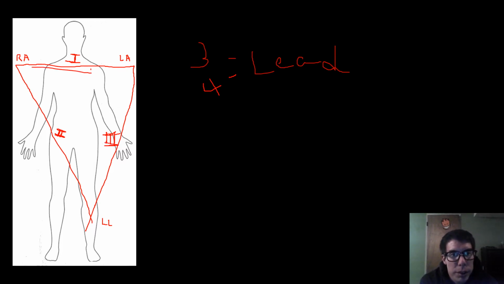So lead 1, lead 2, and lead 3, with your heart sitting kind of tilted like that. That's what makes lead 2 the best lead, because it looks in the same direction that the electricity flows through the heart.